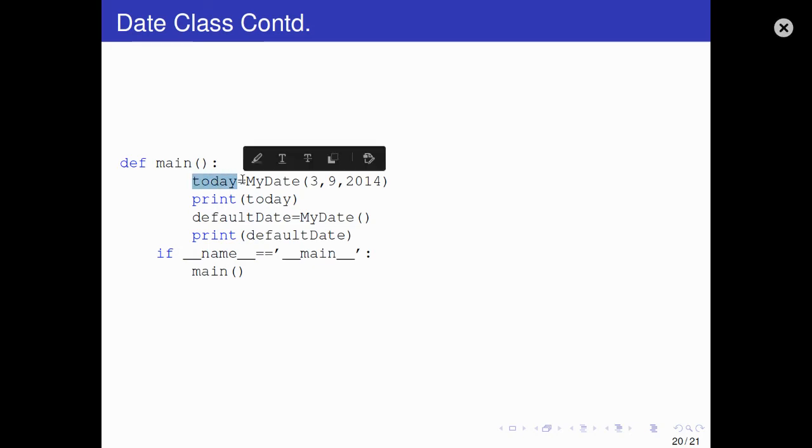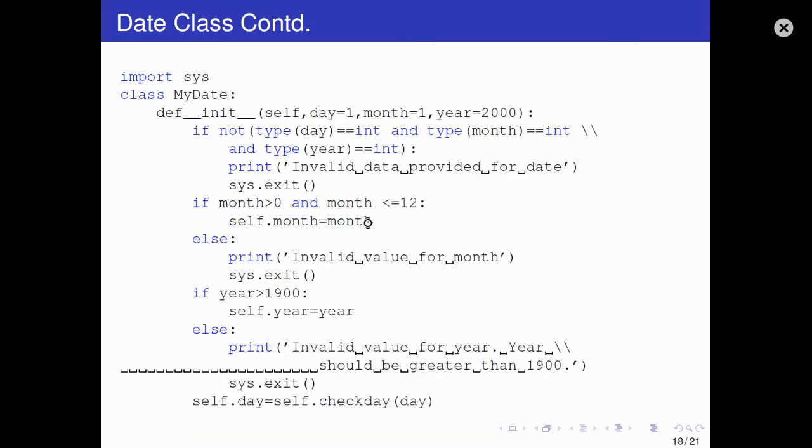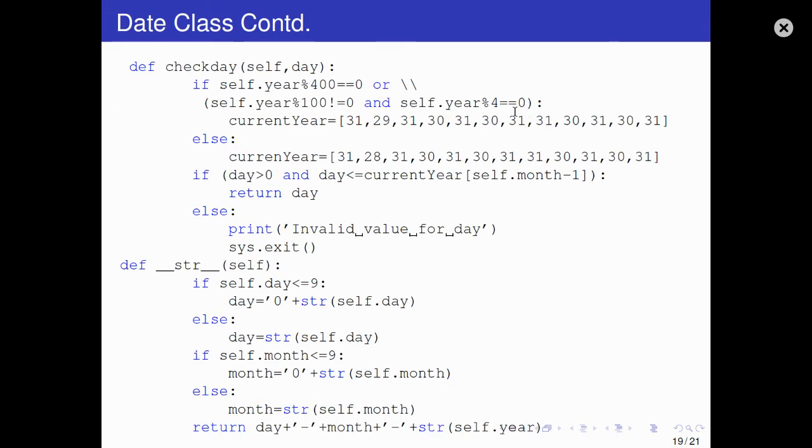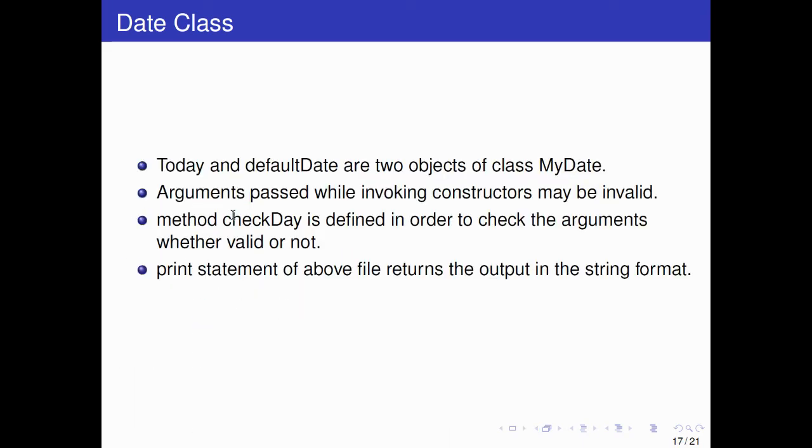Today is one object, and these are the parameters: day, month, year. Default date is the other object of my date, so by default it takes the parameters you have given here: day as 1, month as 1, and year as 2000. So two objects we have defined here.